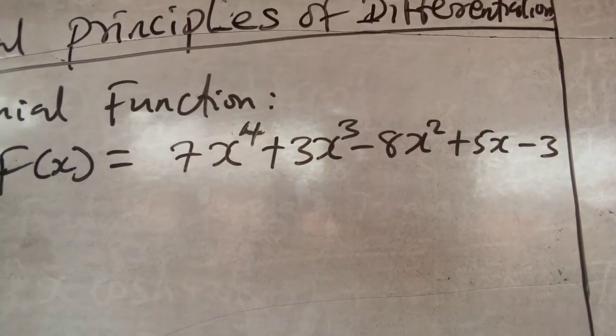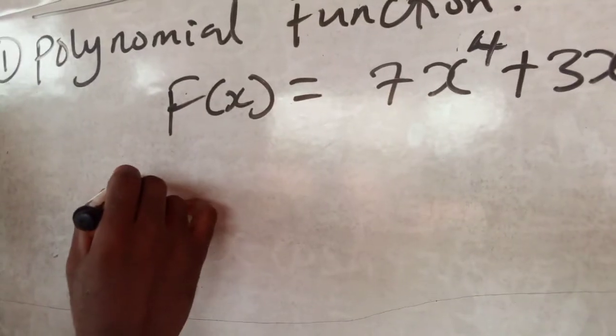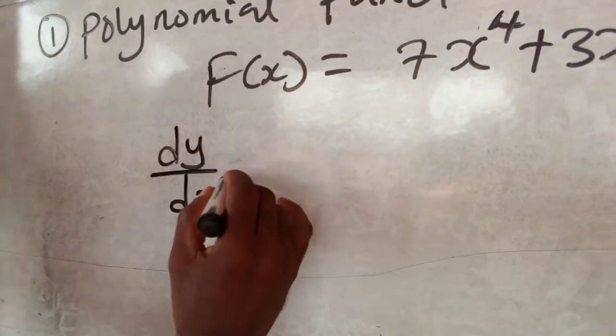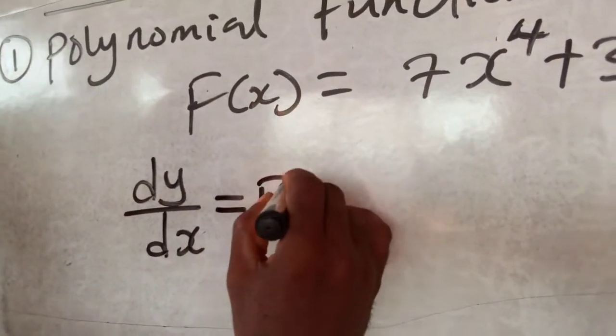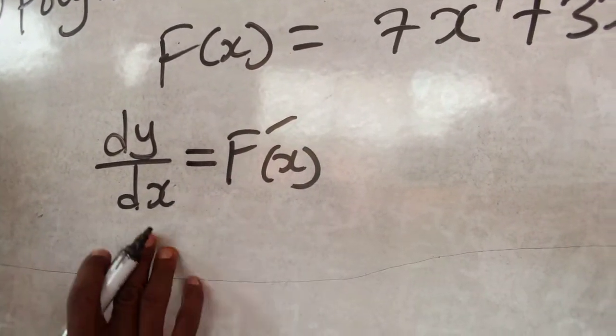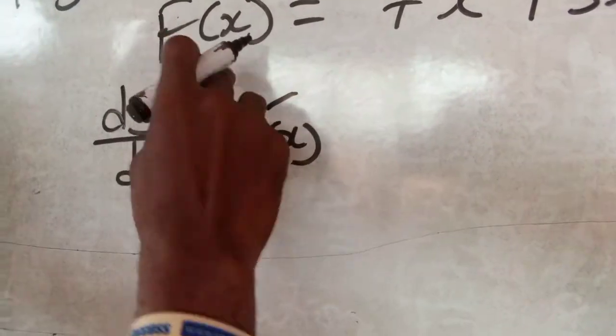So what is the formula for differentiating a polynomial? Differentiation means dy over ds, or you can say f prime of s. So these are the same. Whether you write dy over ds or f prime of s, it means differentiation.